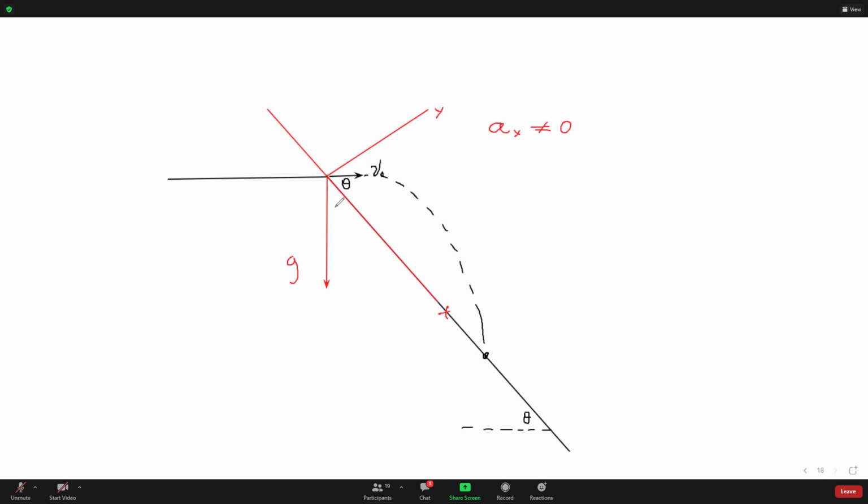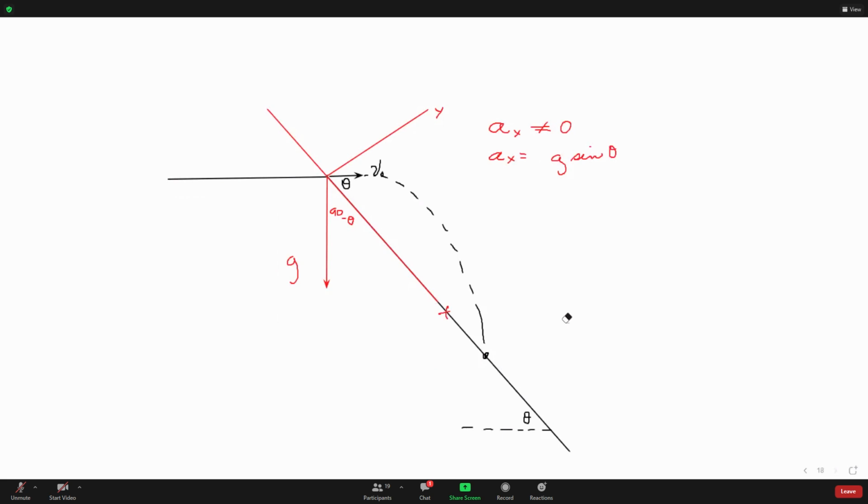So that's theta. This angle is 90 minus theta. So the acceleration in the x direction is going to be g times the cosine of 90 minus theta, which is the same as the sine of theta. But I have to have a negative sign because the component of g is along, oh, I'm sorry, that is the positive x-axis. So I need a positive sign here. Okay.